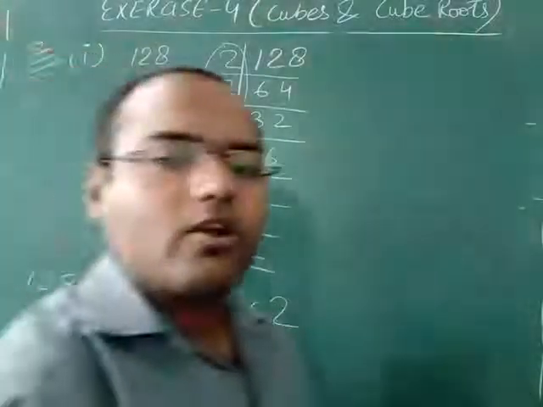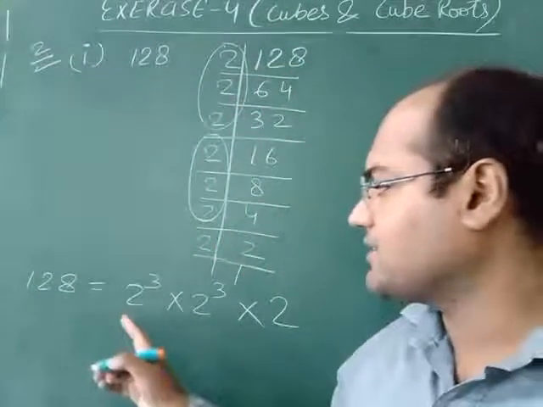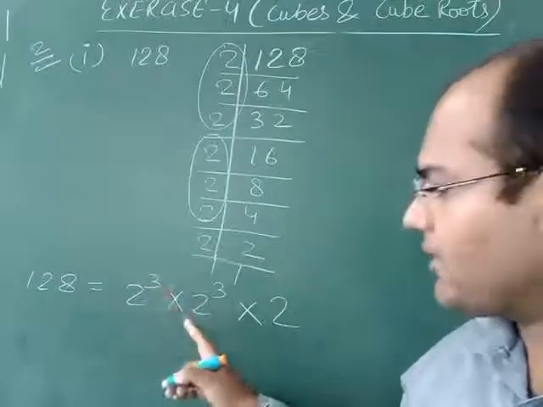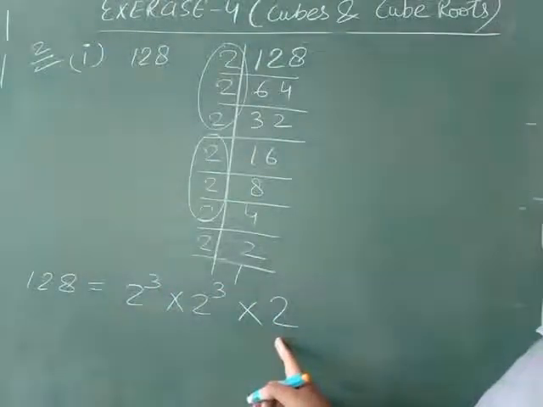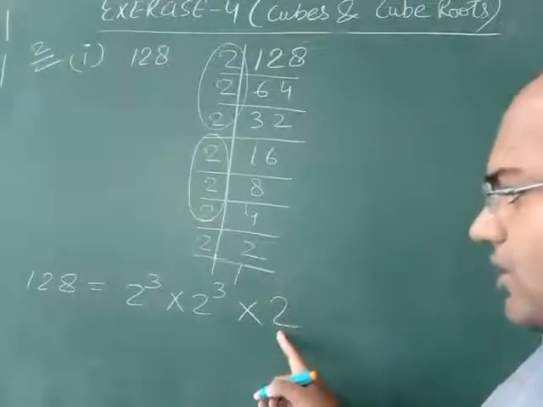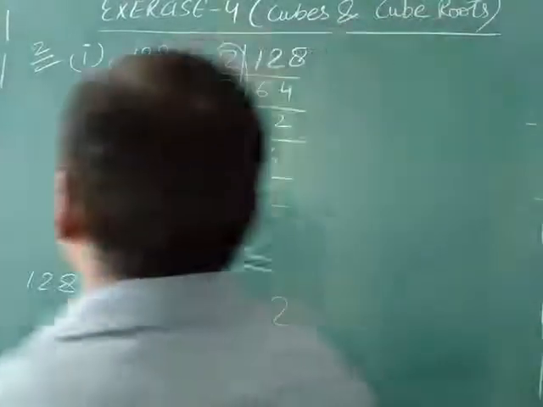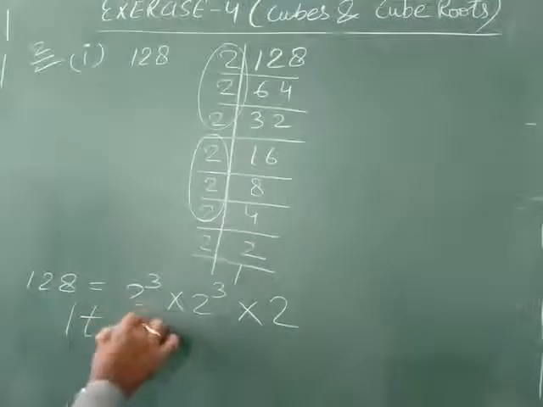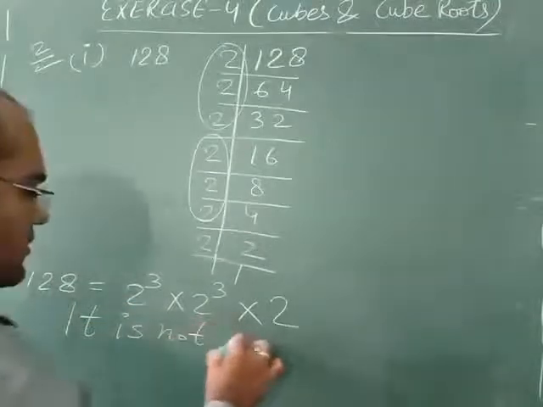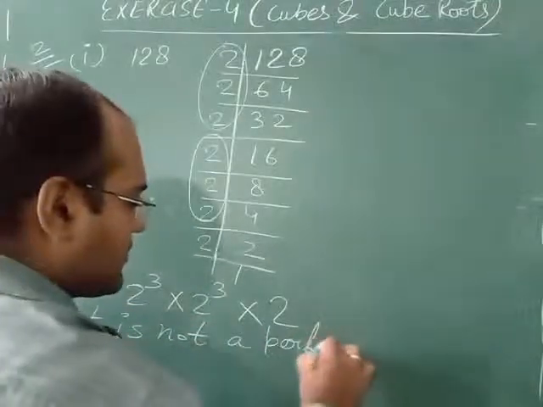So here what you will observe, 128 answer is 2 cube multiply 2 cube, but here cube is not coming. Since this 2 is not having a cube, so we will write it is not a perfect cube.